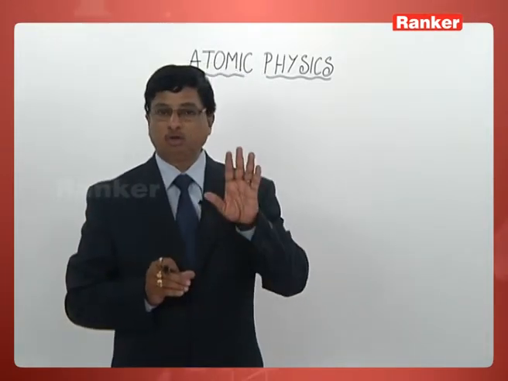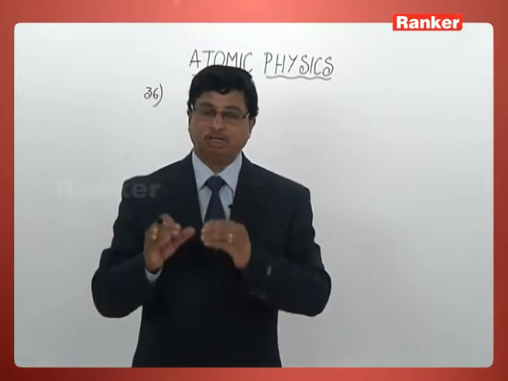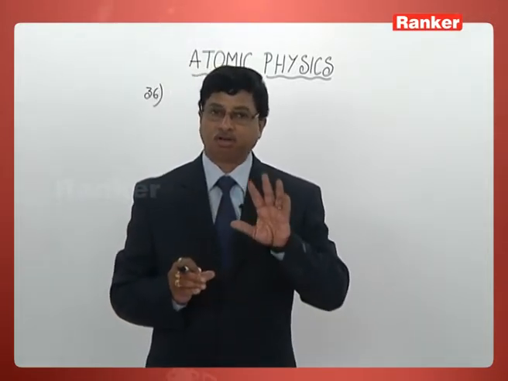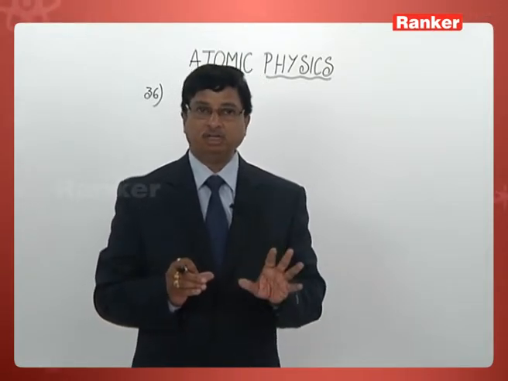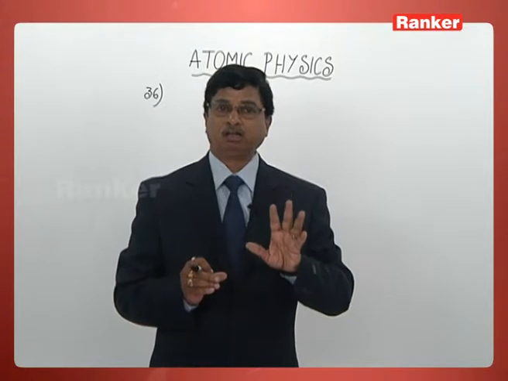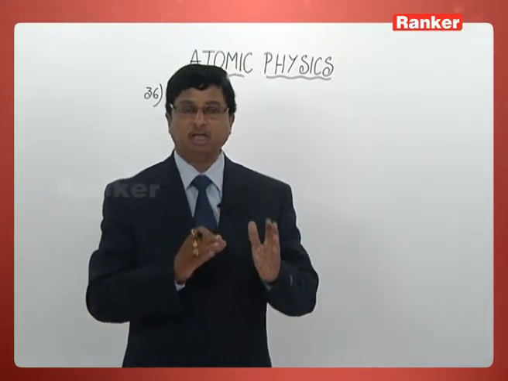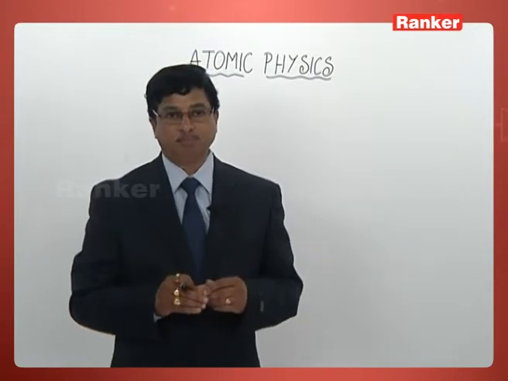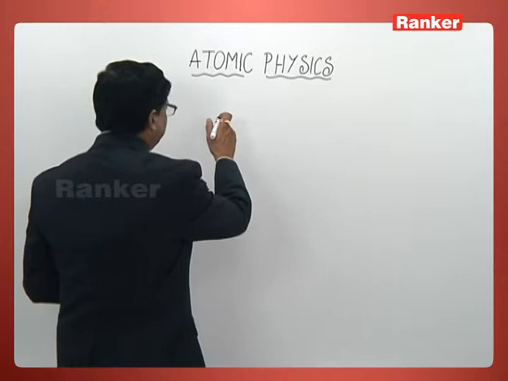So what are those four particles and what are the corresponding values he has given? Let me first of all write, then you can all understand directly what are the correct values to be remembered for each particle given in the first column. So let me write those particles first.